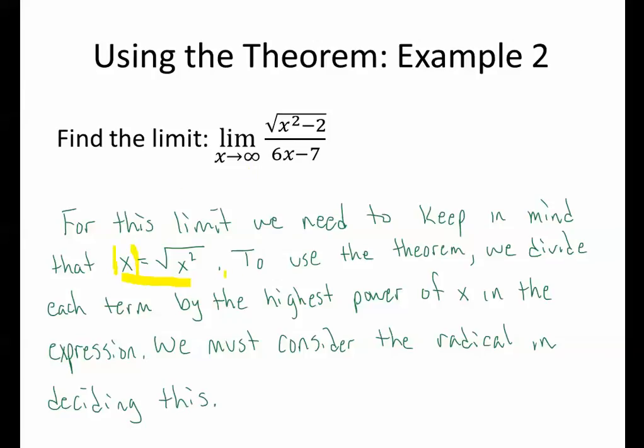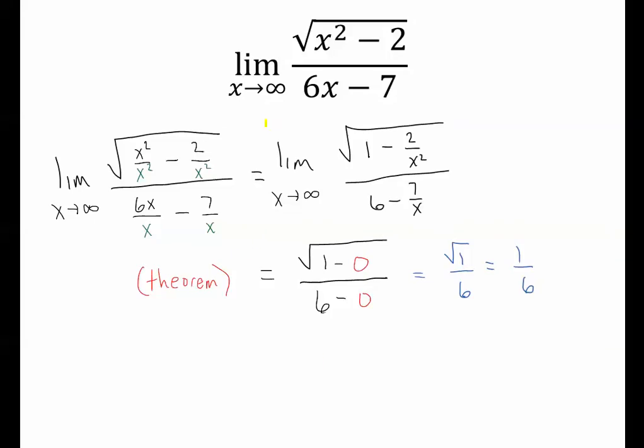To use this theorem, we're going to divide each and every term by the highest power of x in the entire expression. We have to consider the radical in deciding what that highest power is. In this particular problem, x on the outside of the radical and x squared inside the radical are actually the same power. So when we divide each term, inside the radical we're going to divide by x squared, whereas outside the radical we divide by x.